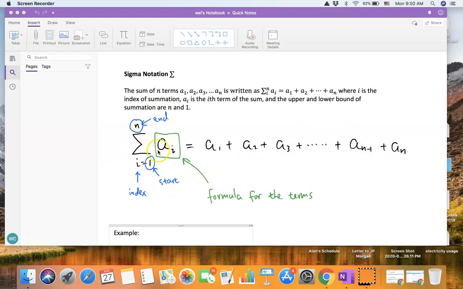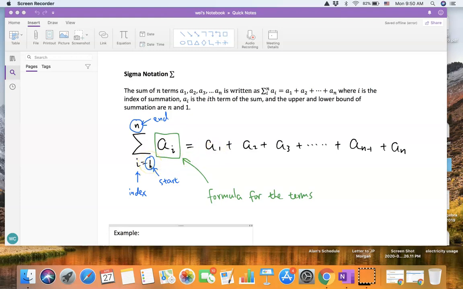So in this notation, the i is the index. Now you can use x, you can use j, you can use k. It doesn't have to be i. So the i is just a variable. Now this variable equals 1, that means the first term starts at 1.